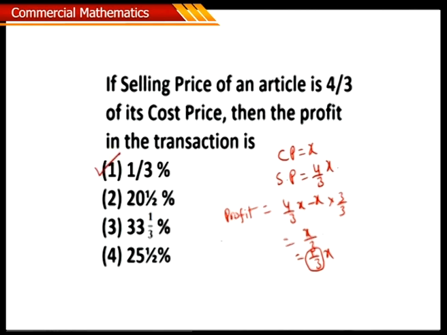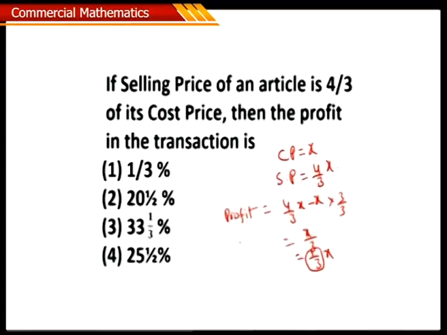It is 33 1/3% directly. You can see that. So how are you going to calculate this now? Just observe here, the profit is 1/3 of X. 1/3 of X means it is 33 1/3%.